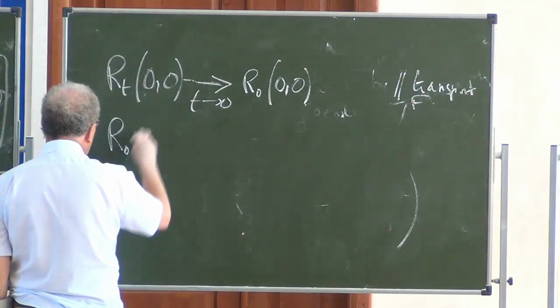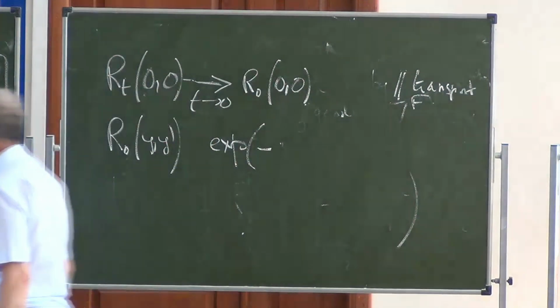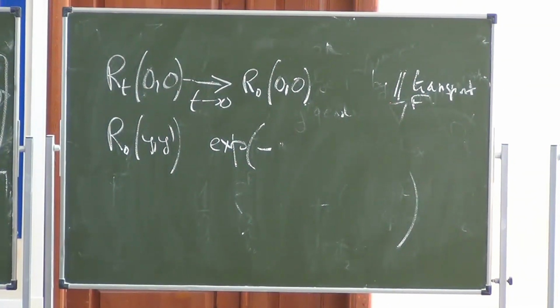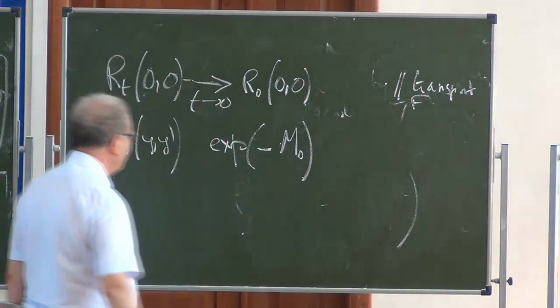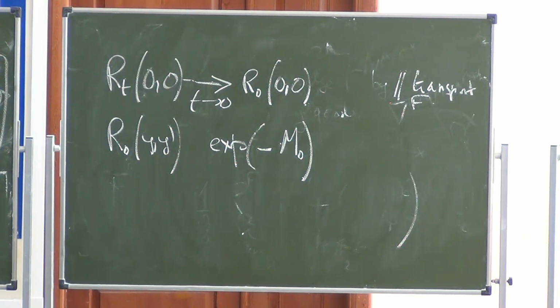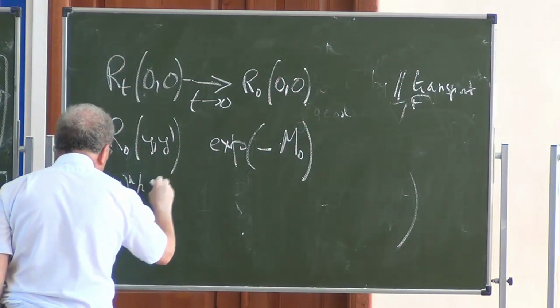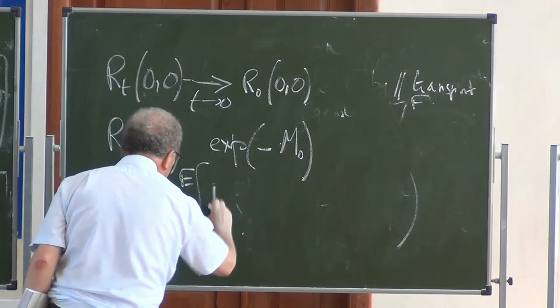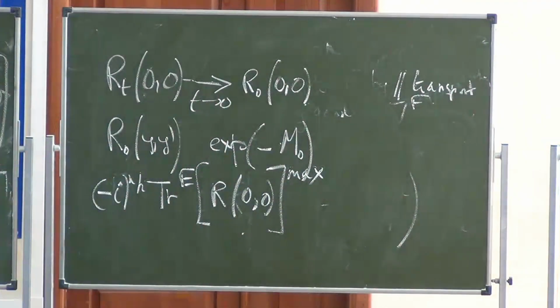So R0 of YY prime is just the heat kernel for this exponential of M0 minus M0. And so what we just have to compute is minus I to the n over 2 trace over E of R of 0, 0 max. This is what's left to compute. So we already see that the supertrace is non-singular, as t tends to 0, and we're left to compute this.